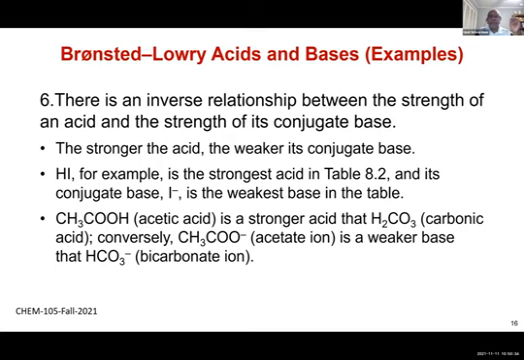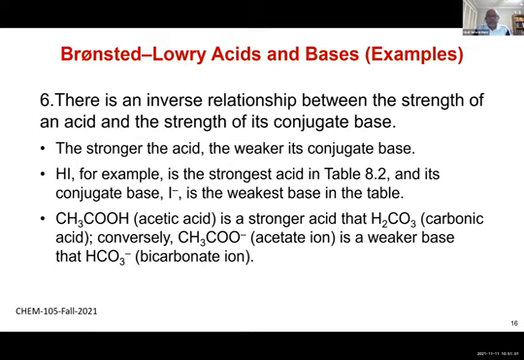Acetic acid is a stronger acid than carbonic acid. Conversely, acetate ion is a weaker base than bicarbonate ion. So, the stronger the acid, the weaker the conjugate base.